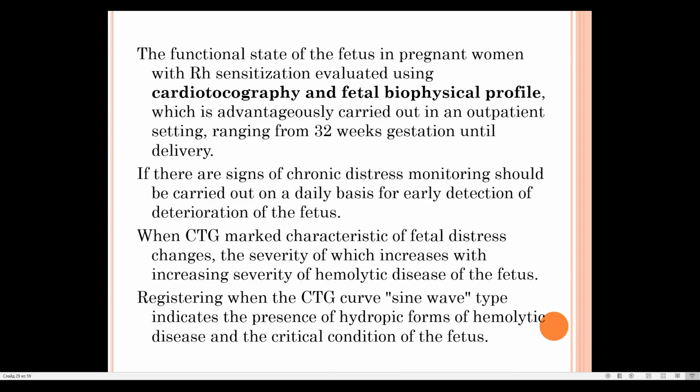On cardiotocography, marked characteristics of fetal distress change, the severity of which increases with increasing severity of hemolytic disease of the fetus. Registering a cardiotocography curve of sine wave type indicates the presence of hydropic forms of hemolytic disease and the critical condition of the fetus.